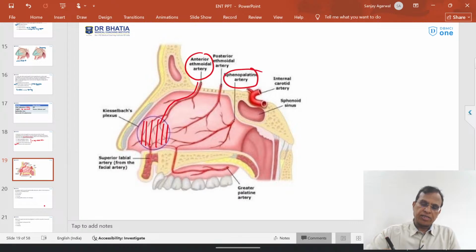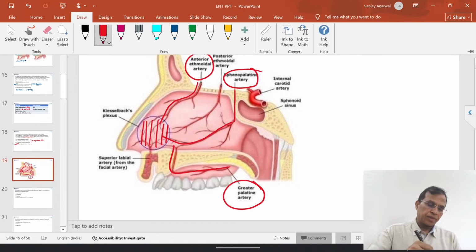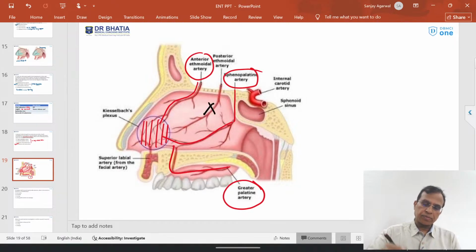Sphenopalatine artery is this one, it is participating, and greater palatine artery is this one, it is participating. These three are there, and the other artery is this one, superior labial artery, which is also participating. So the artery that is not participating in Kiesselbach's plexus is this one. This is not part of the system.